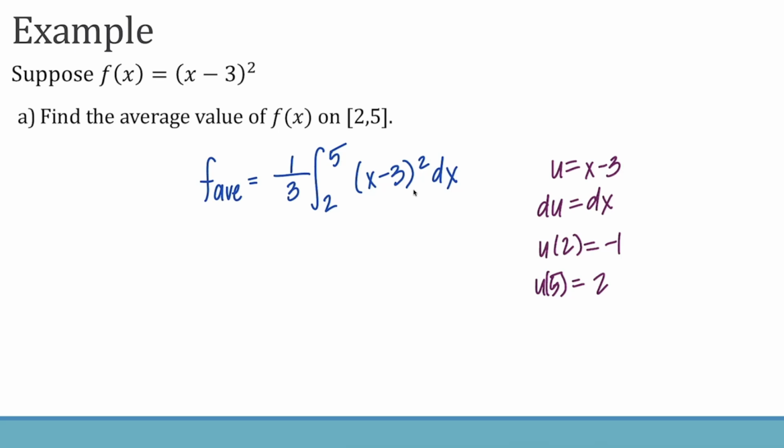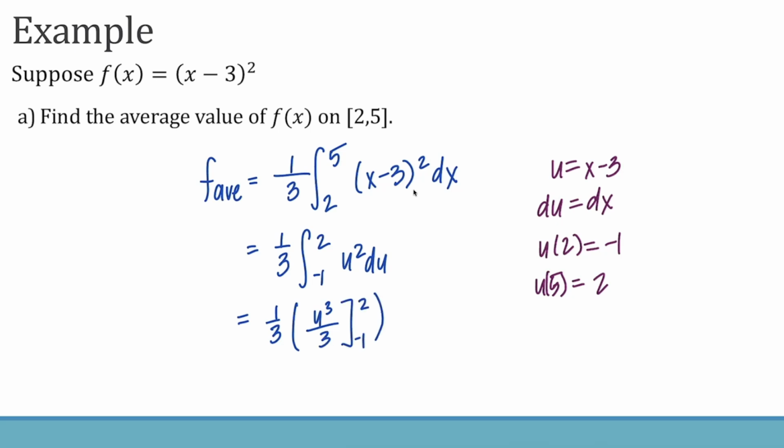And so our integral becomes 1/3 times the integral from negative 1 to 2 of u squared du. Now I have 1/3 times u cubed over 3 evaluated from negative 1 to 2.